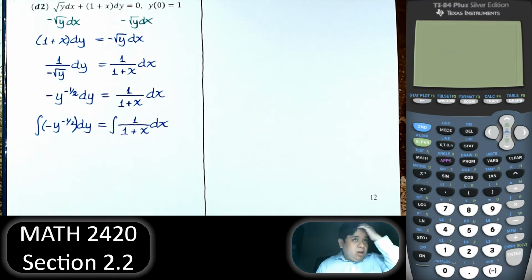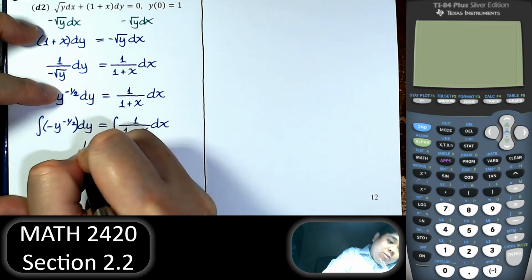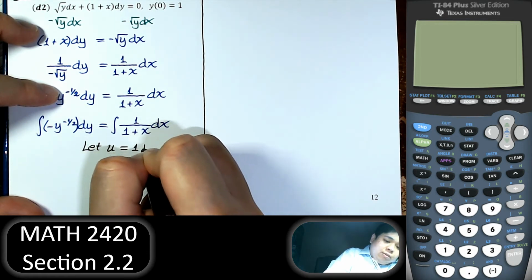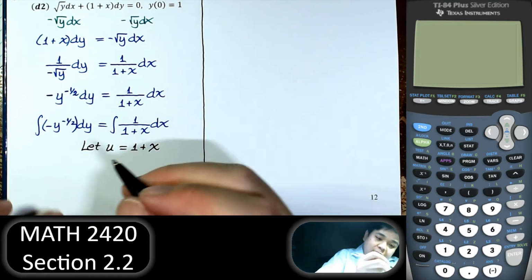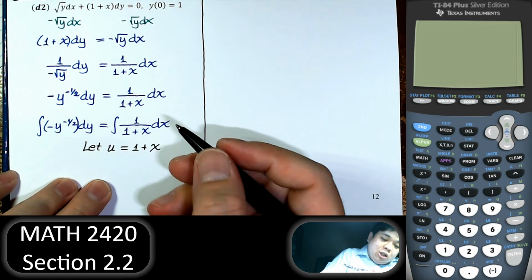The left hand side is the power rule, should be easy. The right hand side, use substitution like we did before. I'll let u equal to 1 plus x. So this time I'm not worried about how to integrate, but this is a substitution.